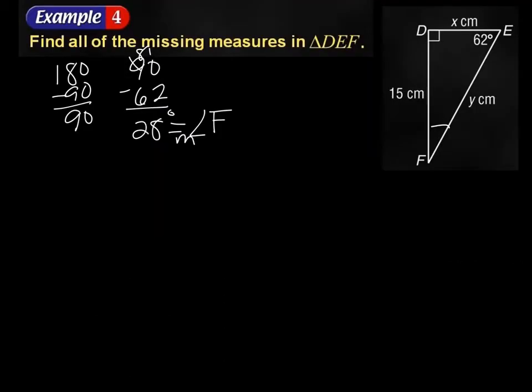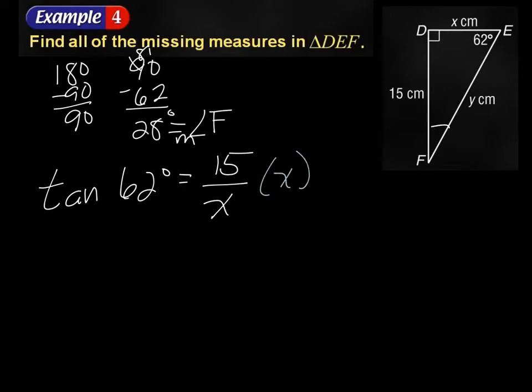Now we need to find, go in alphabetical order and get x next. X is adjacent to the angle we know, and we know the opposite. So the ratio of opposite over adjacent is tangent. So tangent of 62 equals opposite over adjacent. So the part I'm solving for is in the denominator. I'm going to have to multiply both sides by x to get it out of the denominator.